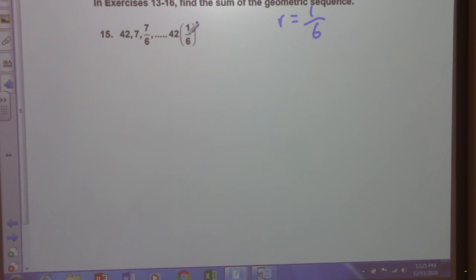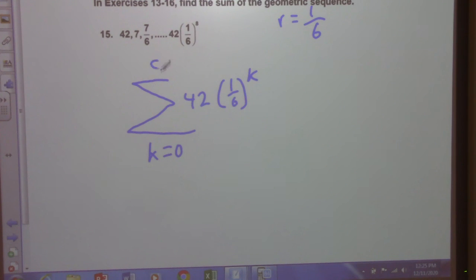And so what we have is, our answer is going to be like this. If we start at k equals 0, what's our first term going to be? 42 times 1/6 to the power of k, and what's going to go up here? It's going to be 8, right? Because it gives you 8 right here.